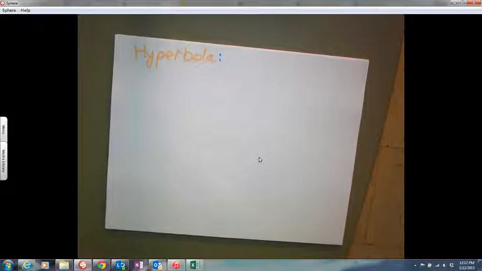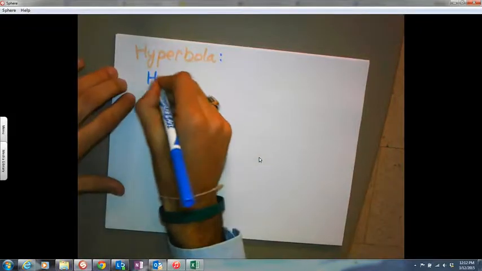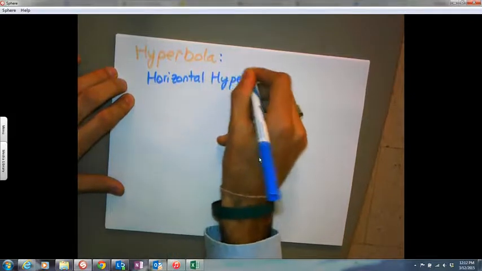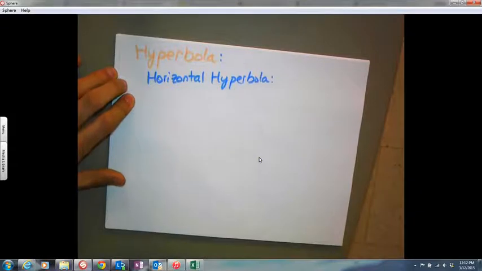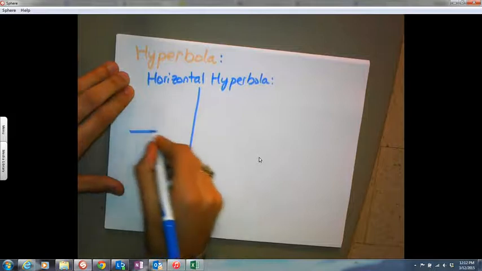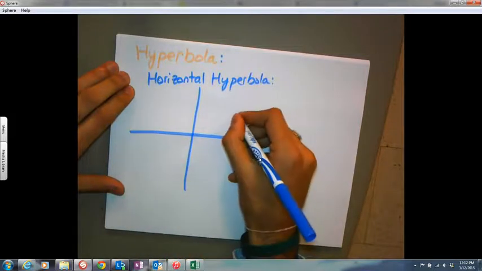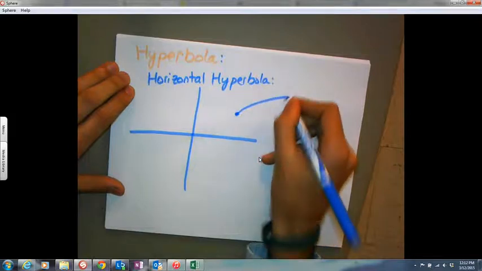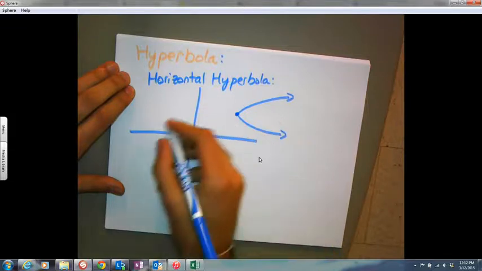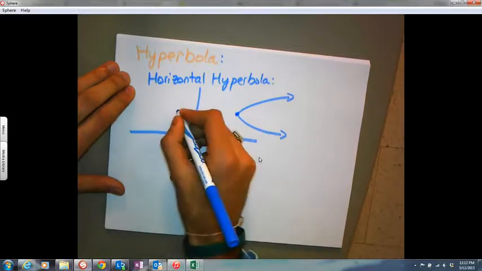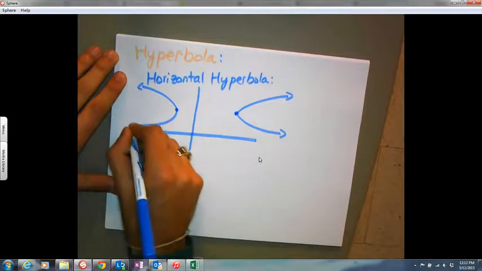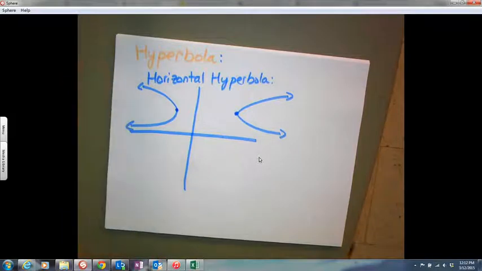So a horizontal hyperbola looks something like the following. You've got kind of two parabolas in a sense with some gap, with some space.